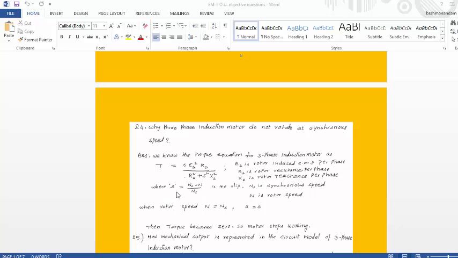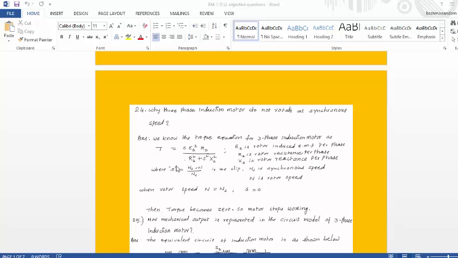And we know slip S is equal to (Ns minus N) divided by Ns, where Ns is synchronous speed, N is rotor speed. When rotor speed N becomes synchronous speed, then the slip will become 0. Then when we substitute S is equal to 0 in the torque equation, the torque also becomes 0. So when the torque becomes 0, the motor stops rotating.